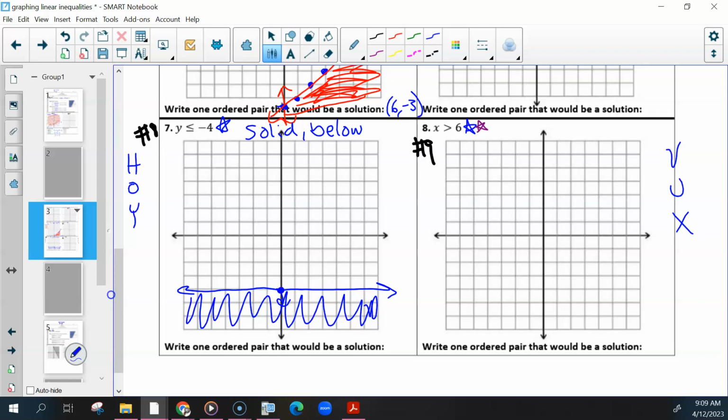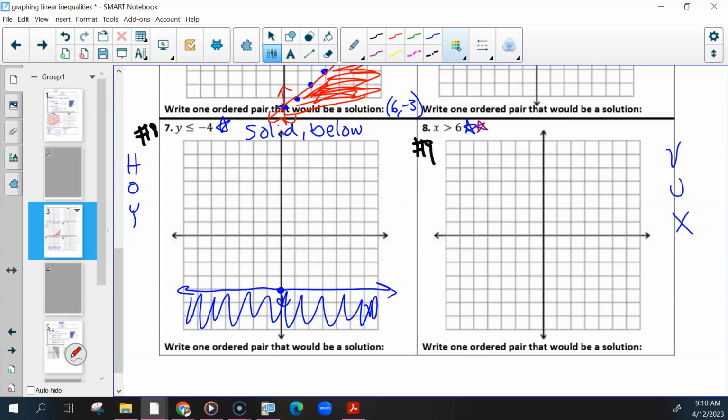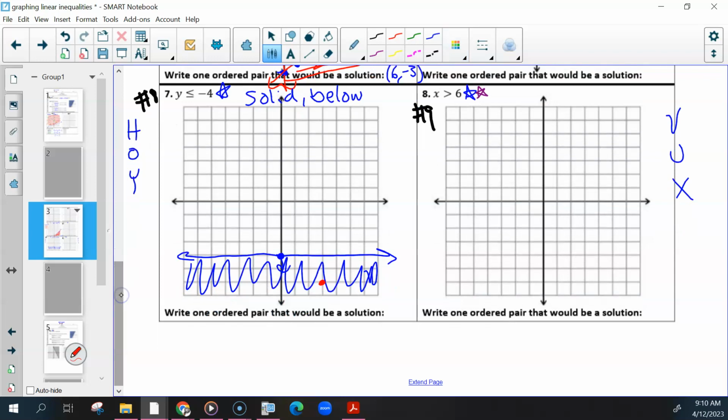Someone different, tell me one ordered pair that would be a solution for this one. And in general, because these graphs keep going on forever and ever, this would extend to positive and negative infinity.